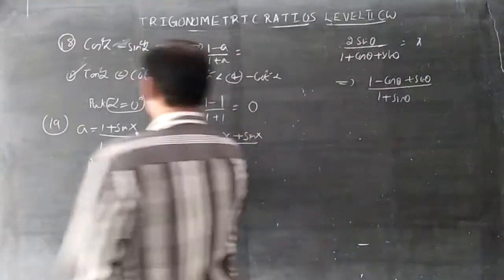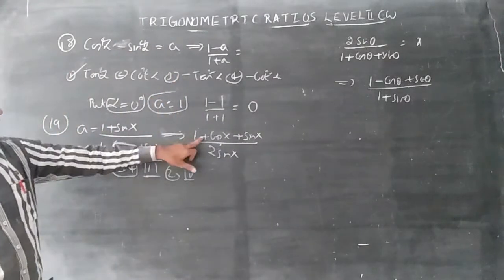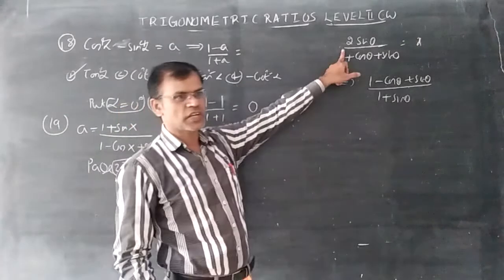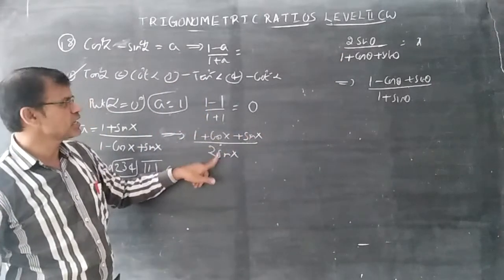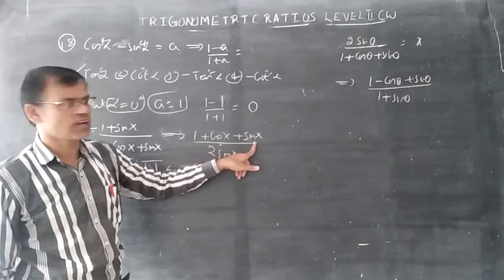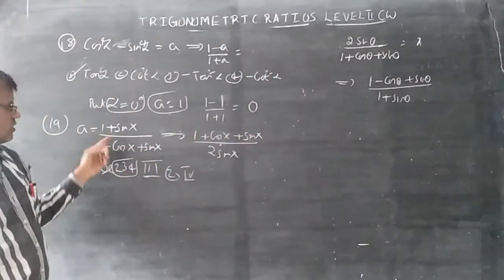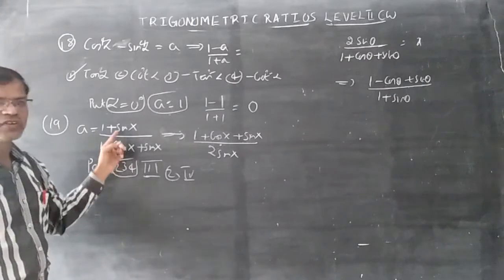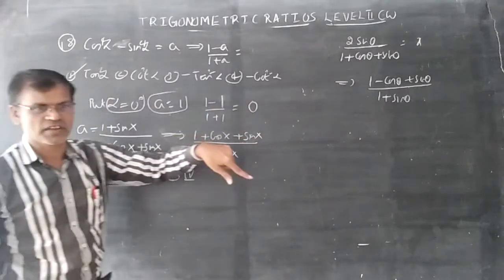Is there a relation between these two sums? You observe, 1 minus cos theta, 2 sin theta by... invert this. 2 sin theta by (1 plus cos theta plus sin theta). So whatever the value is given as x, invert it. Understood? Instead of theta, x is there. That's what I said there.